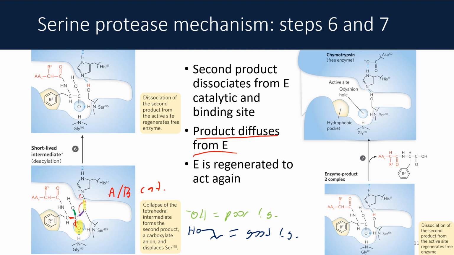It is going to leave that pocket, and in doing so, we will have regenerated our enzyme back to the original state, where we have our aspartate associated with our histidine, with a protonated serine just on the other side, and an empty hydrophobic pocket.